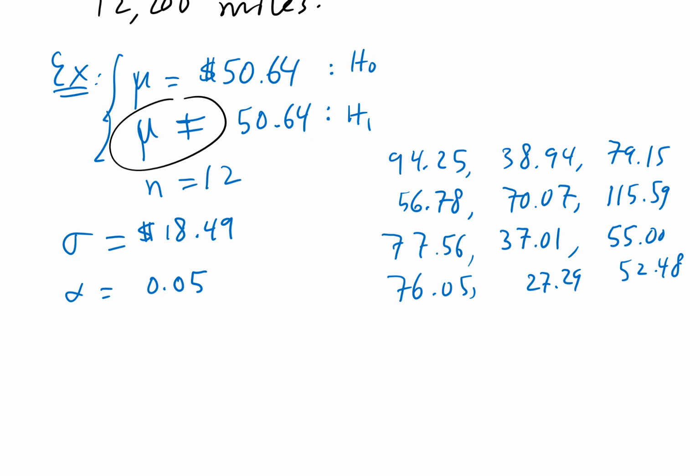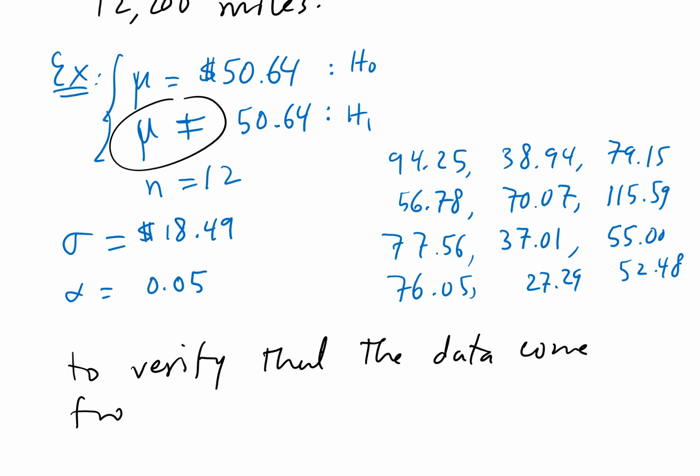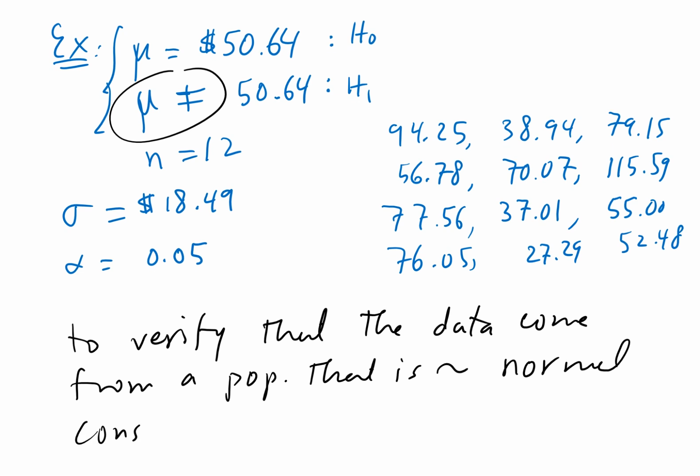Now, usually when the sample size is less than 35, and there was no mention that this data is normally distributed, to verify that the data come from a population that is approximately normal with no outliers, we construct the normal probability plot that we did in previous sections.